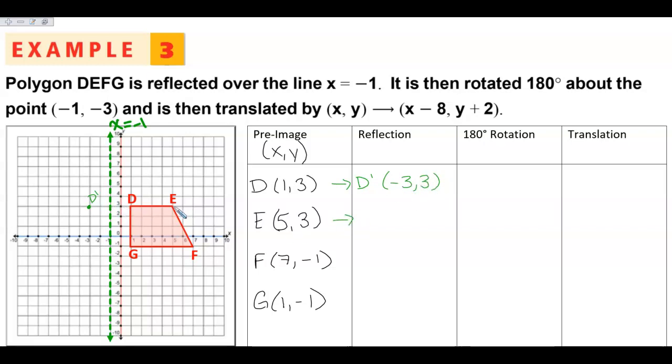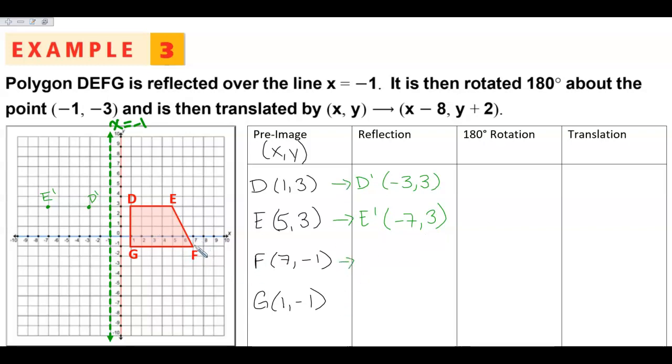All right, E is going to be 1, 2, 3, 4, 5, 6 from the line. So 1, 2, 3, 4, 5, 6 from the line this way. Okay, so that's my E prime, which is at the point negative 7, 3.